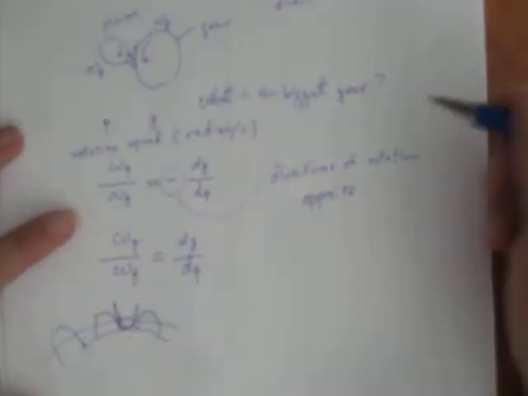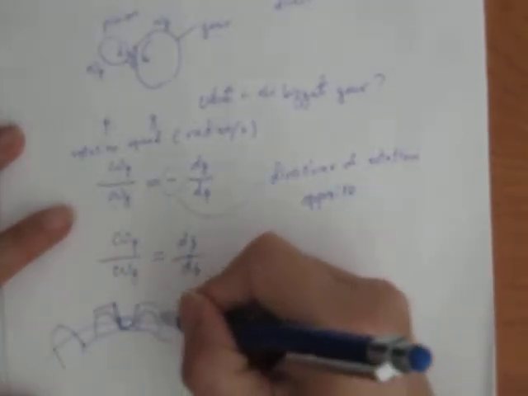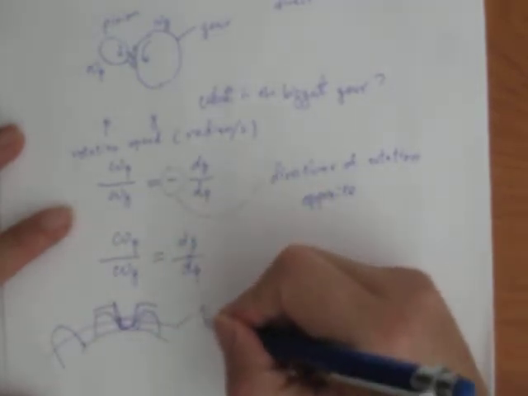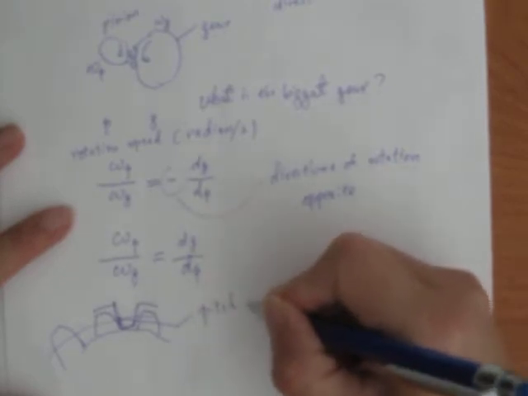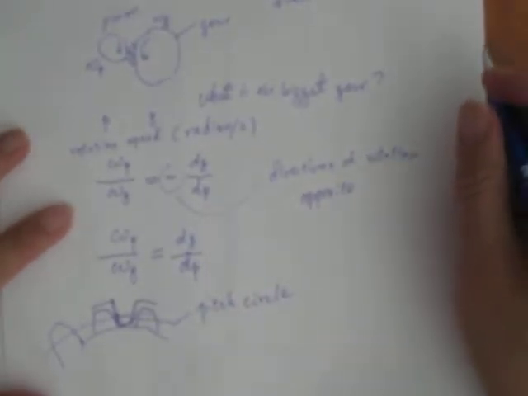In the middle of the teeth, we call this circle the pitch circle.